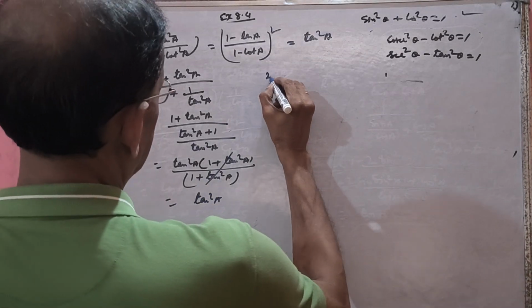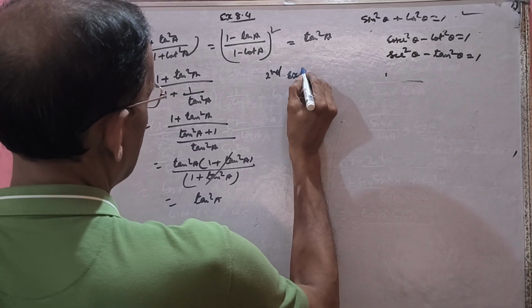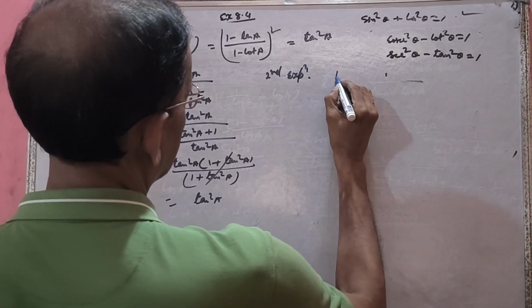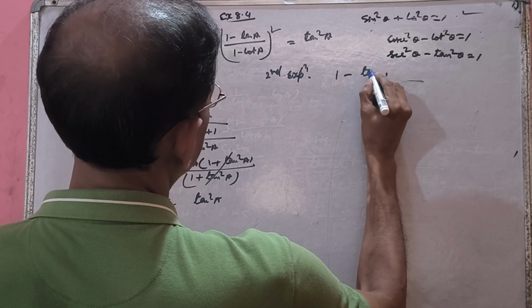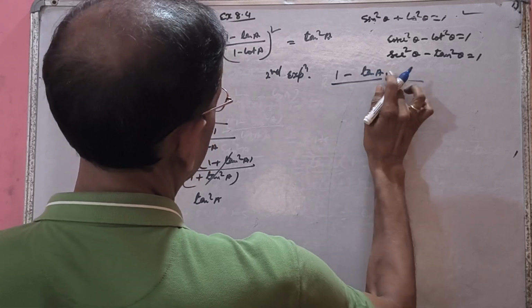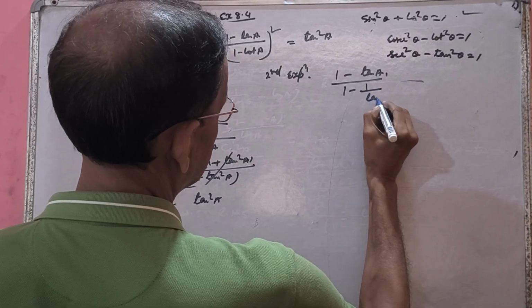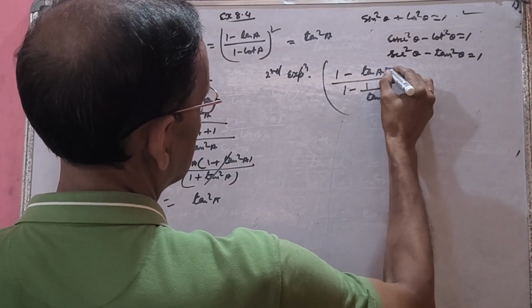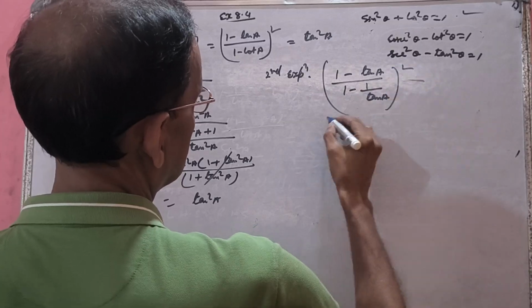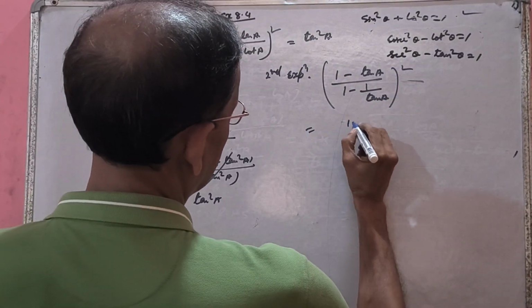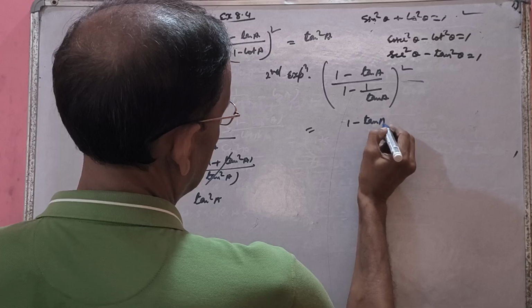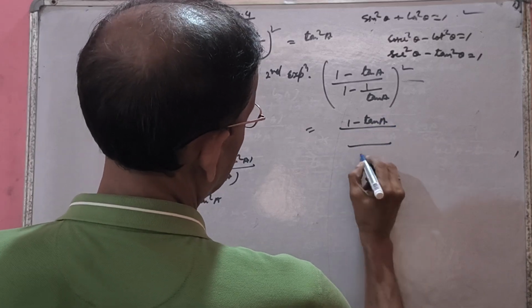Now take the second expression. What is the second expression? 1 minus tan A by 1 minus cot A, we can write 1 by tan A, whole square. Okay. So again simplify: 1 minus tan A by, what is the LCM?